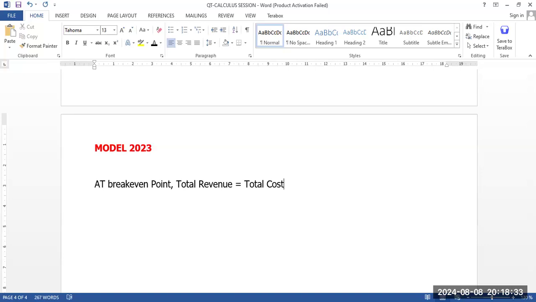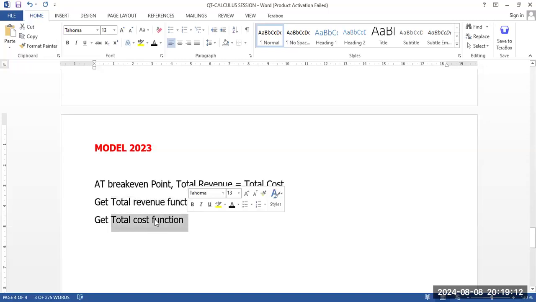At break-even point, total revenue is always equal to total cost. So what is your total revenue? What is your total cost? Here you need the total cost function. Here you need the total revenue function. Once you get the total revenue function, you equate it to the total cost function.